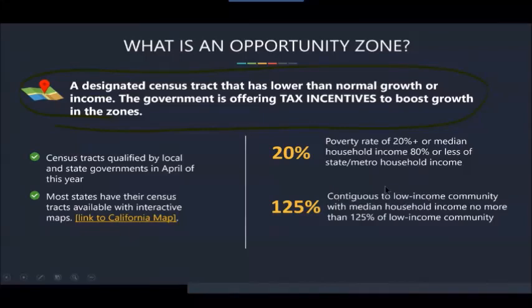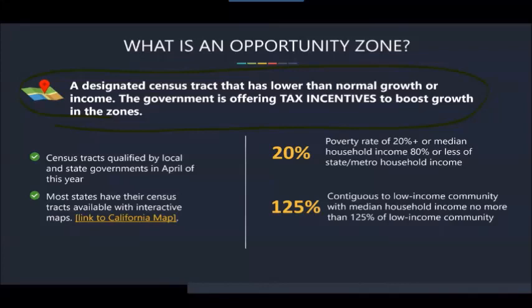And then the areas that are touching that opportunity zone. Let's think about an OZ being a rectangle. So it's got four sides, right? Well, one of the other rules was that the four edges should not be more than 125% of the income level of that low income community.